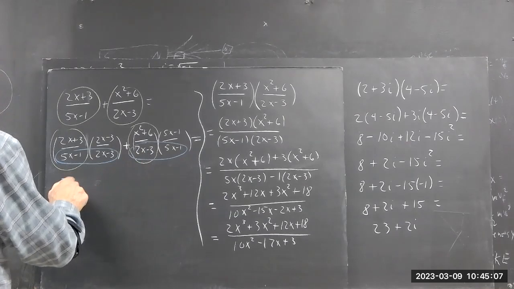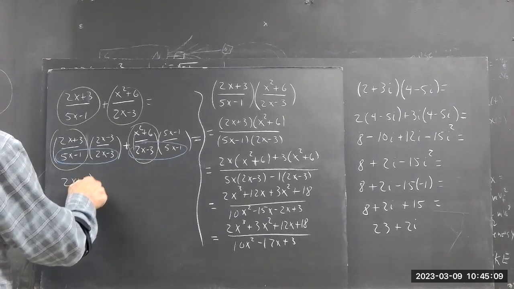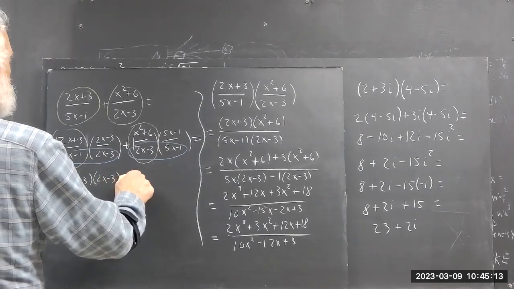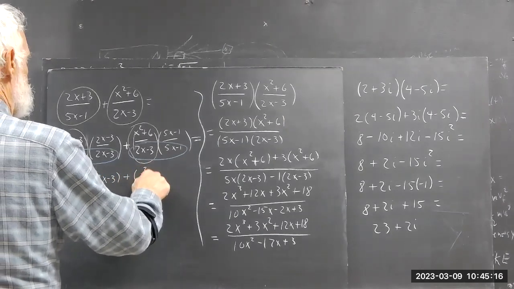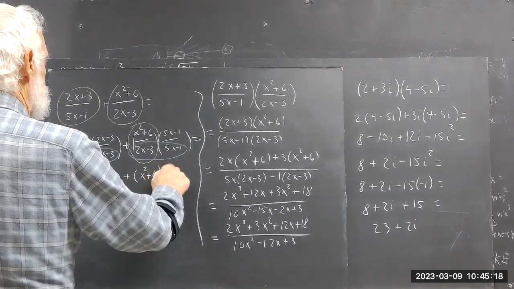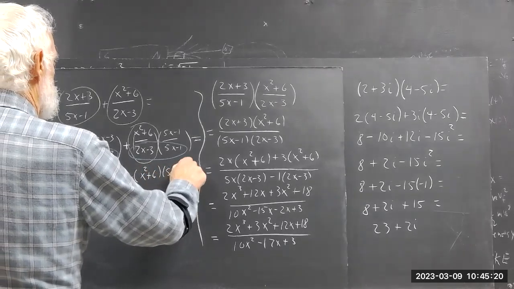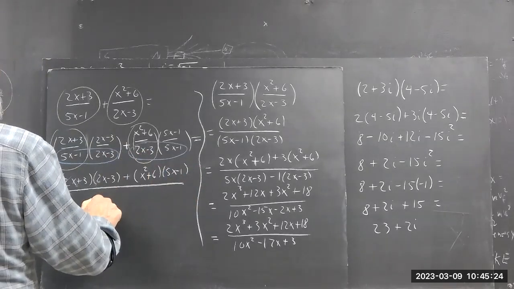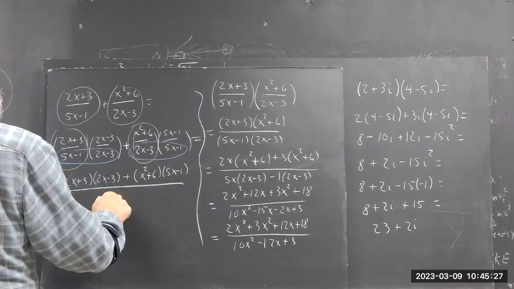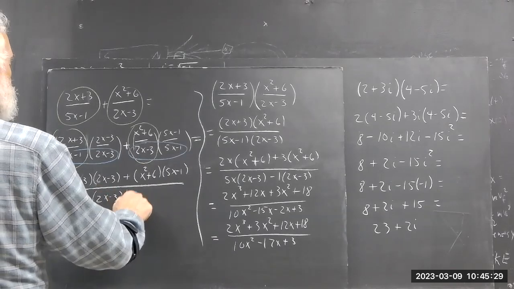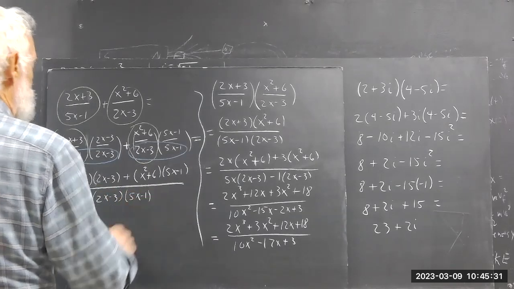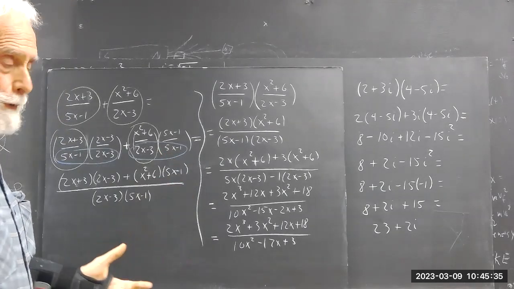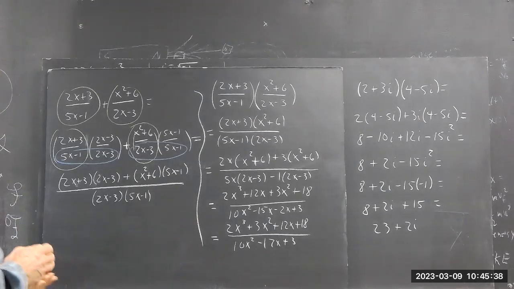So what we have now is 2x plus 3 times 2x minus 3 plus x squared plus 6 times 5x minus 1, all divided by this denominator, which I'll write as 2x minus 3 times 5x minus 1. I could write it in either order. Multiplication is commutative, so it's the same.